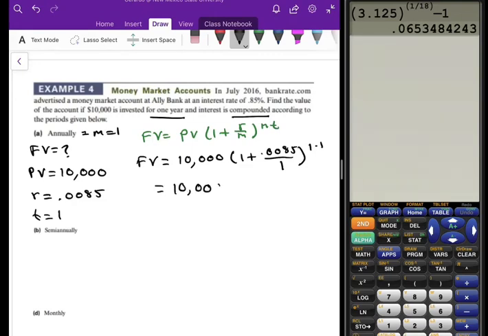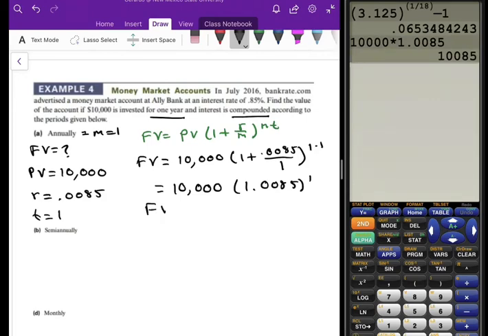So this is 10,000 times 1.0085 to the power of 1. So 10,000 times 1.0085. My future value for this is $10,085.